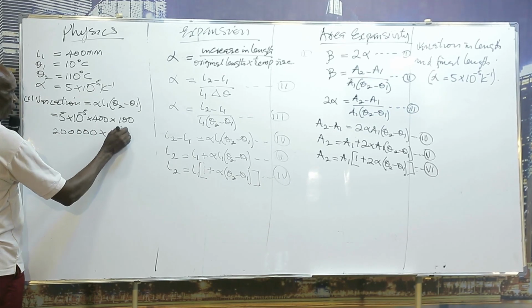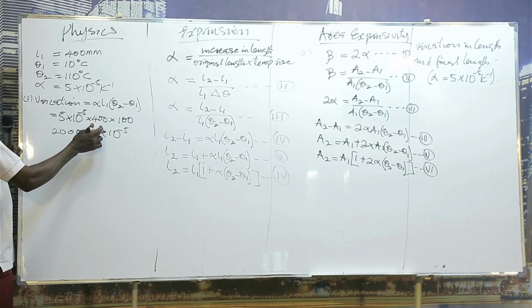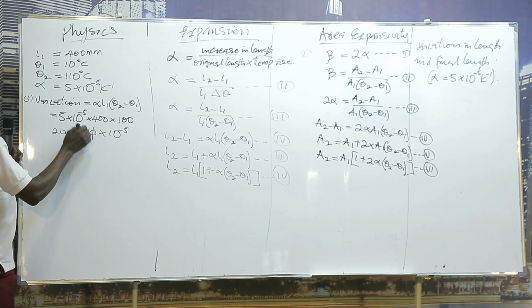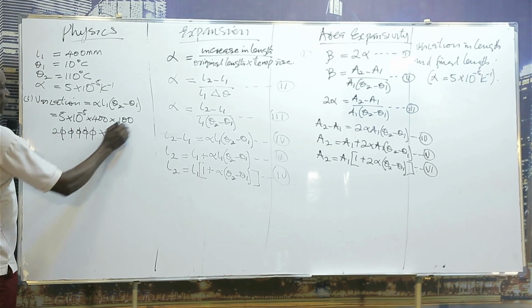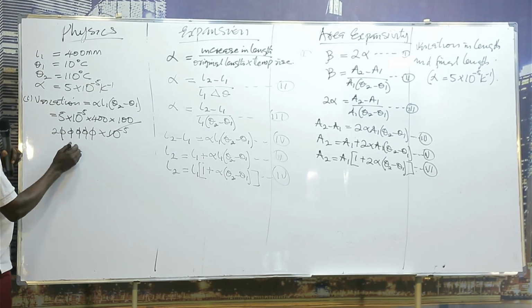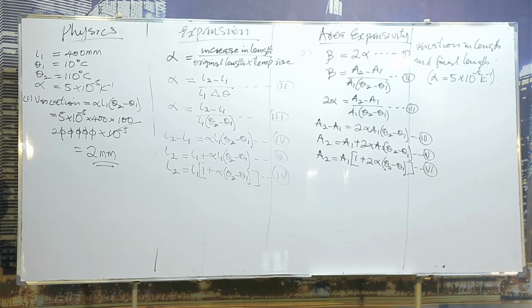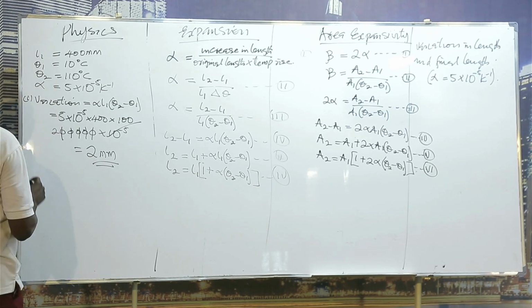Times 10 to power minus 5. Solving the problem, I'll cancel the number of zeros: 1, 2, 3, 4, 5. We remove this. So what is remaining? 2 millimeters. So that is my answer for variation. What you need is just to know the number of zeros, that's the number of decimal points that we merge. So this is 2 millimeters.